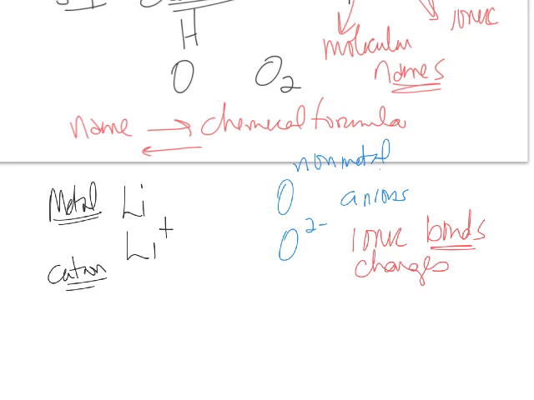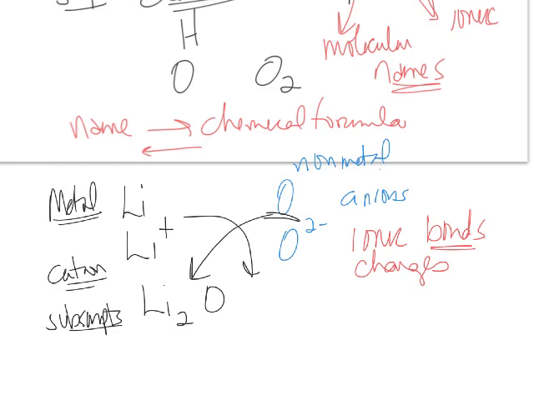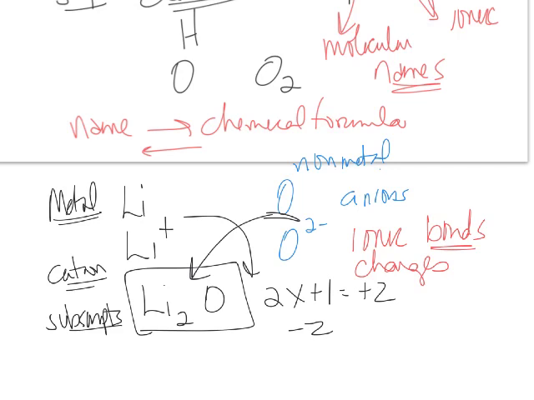When you're figuring out the formula for this ionic compound, I do my subscripts. Lithium is going to be 2, and oxygen will be 1, so I don't put it there. And I always check to see if this equals 0. So 2 lithiums times a +1 equals a +2, and then oxygen is a 2-. So a +2 and a -2 does equal 0.